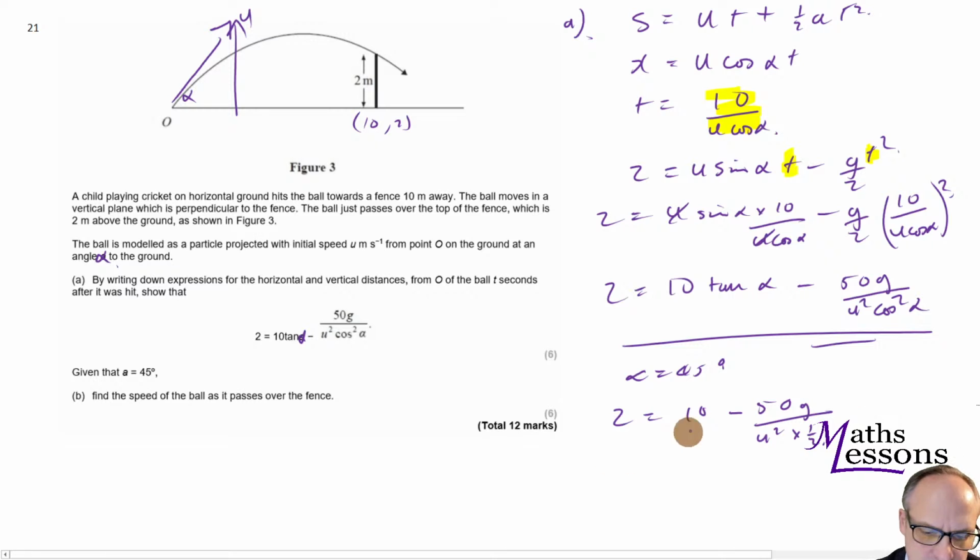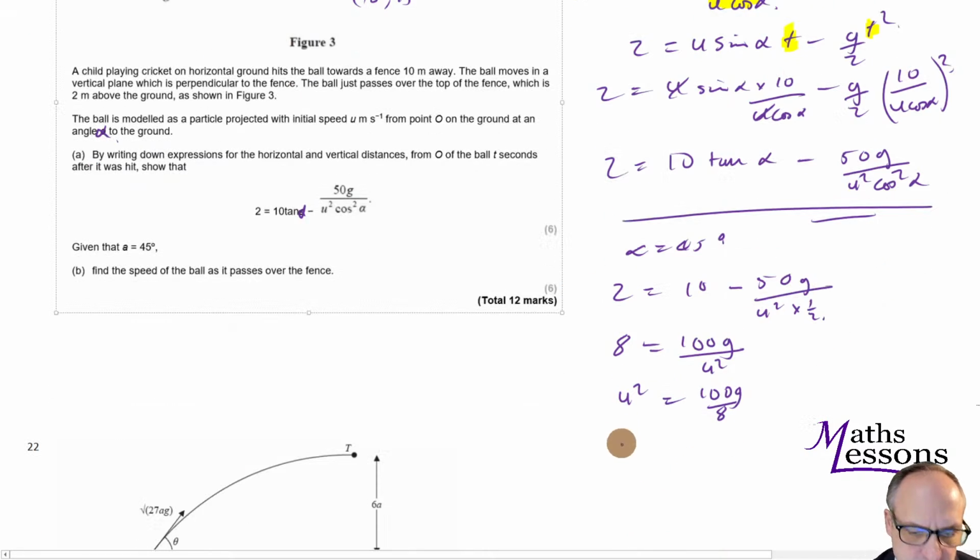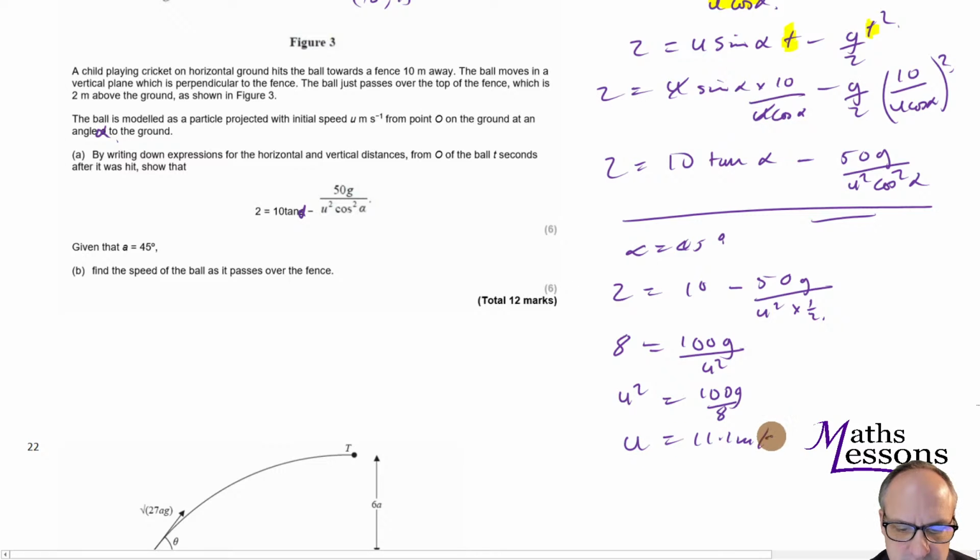And then I can take away the 10. So I'm going to get 8, changing the signs at the same time because I've got minus here and a minus there. So 8 is equal to 50 divided by a half, which is 100g over u squared. Rearrange that to get u squared is equal to 100g over 8. And it doesn't come out to be anything particularly nice, the u here. So u would equal 11.1 meters per second.